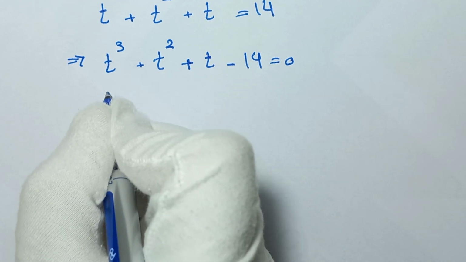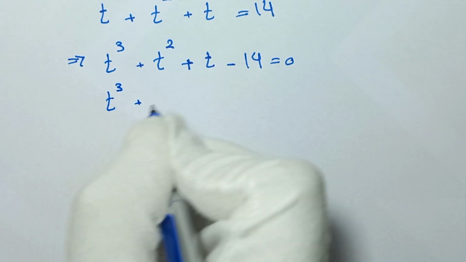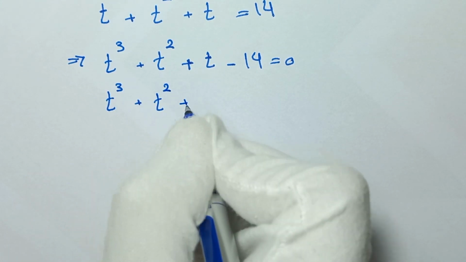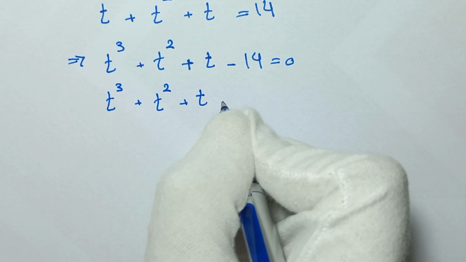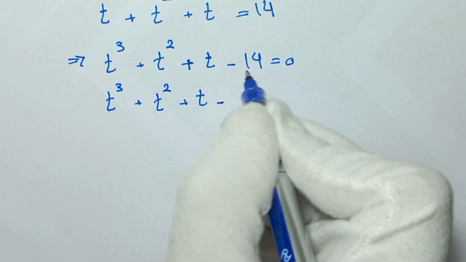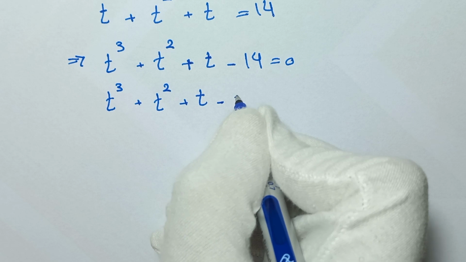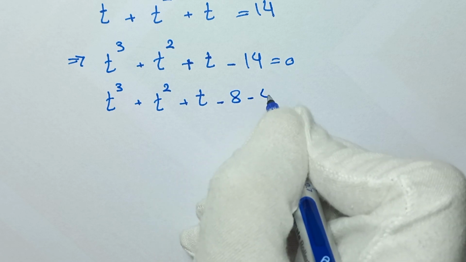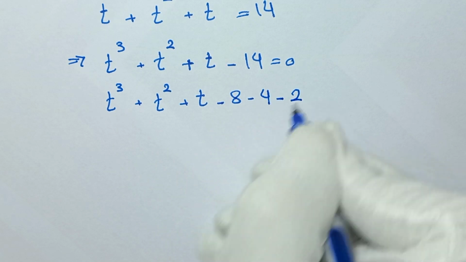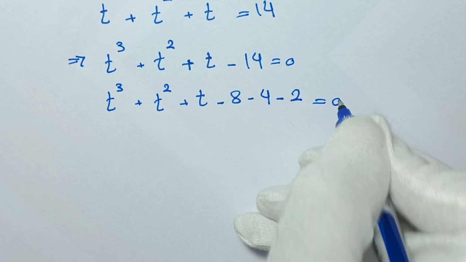And in the next step, we write t cube plus t square plus t, and minus, in here we can write negative 14 as negative 8 minus 4 and minus 2, right, is equal to 0.